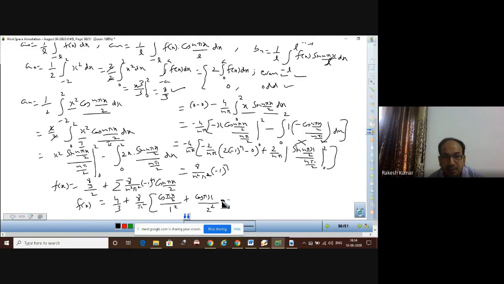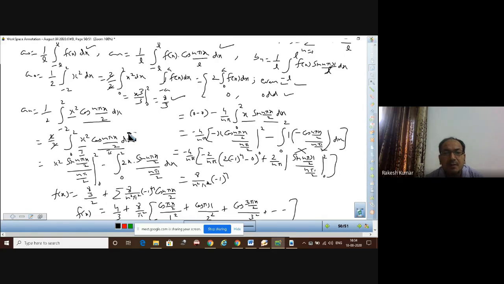And the next term will be cos of 3 pi x over 2 divided by 3 square, plus and so on. So this is the Fourier series in the summation form. In this way, we can calculate the values of the constants a0 and an, and find out the required Fourier series.